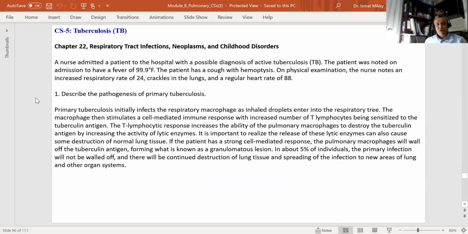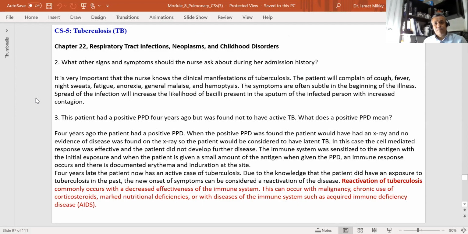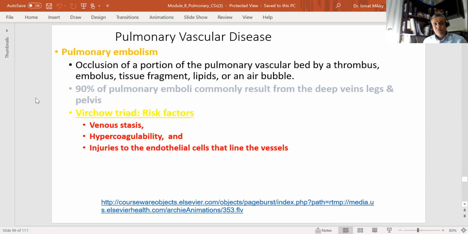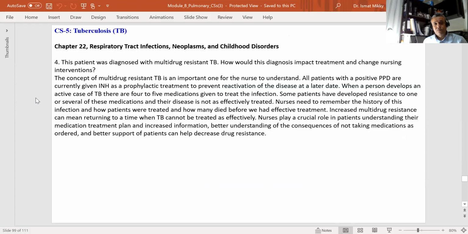Number 4, the patient was diagnosed with a multiple drug resistant TB.